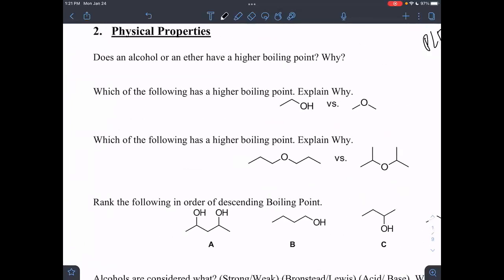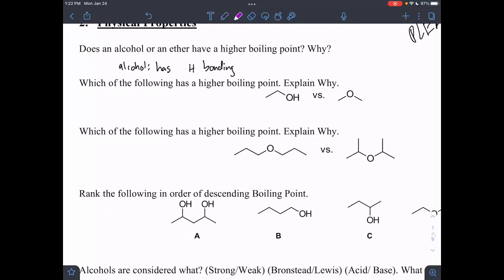So does an alcohol or an ether have a higher boiling point? What do you think? So the obvious answer to this one is going to be the alcohol.